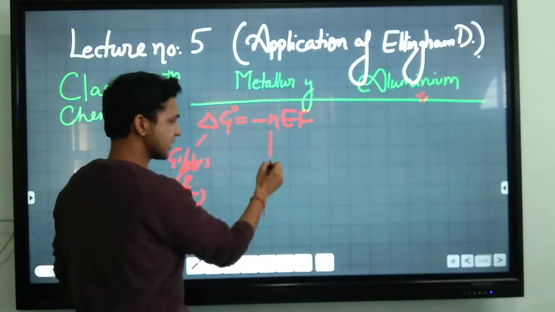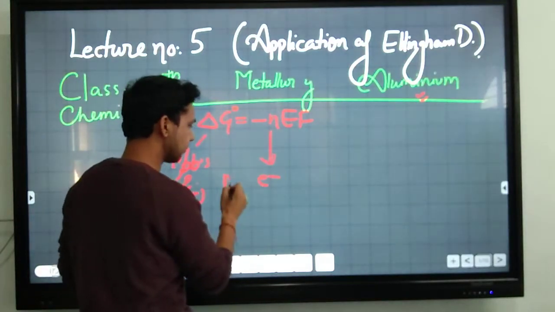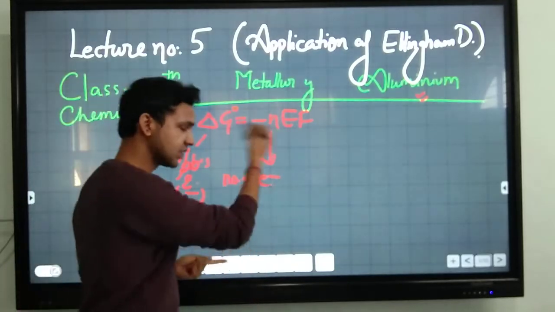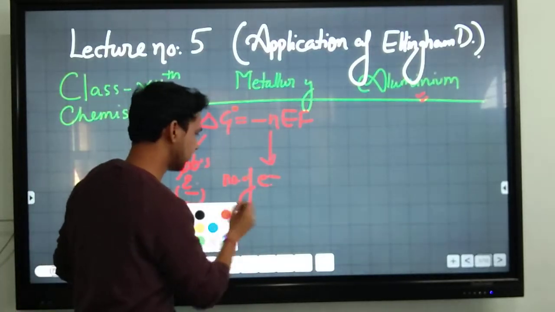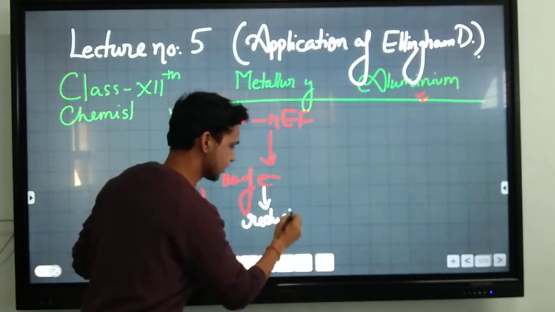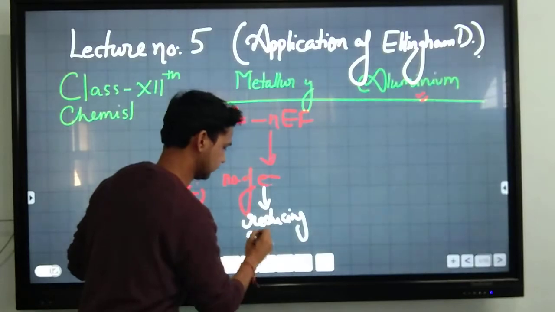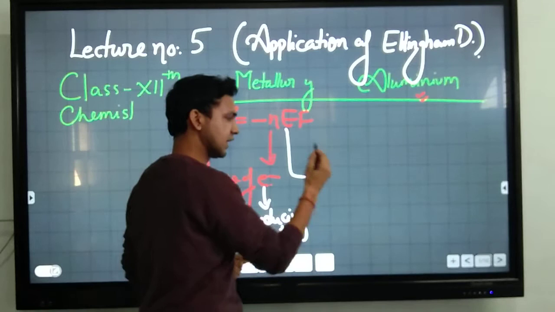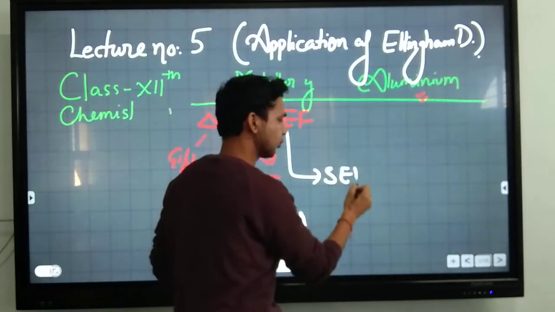The next one, what is n? n is the number of electrons, because in this process of aluminium metallurgy, the electron behaves like a reducing agent. Next, what is E? E is the standard electrode potential.